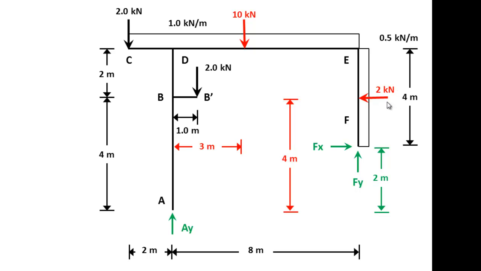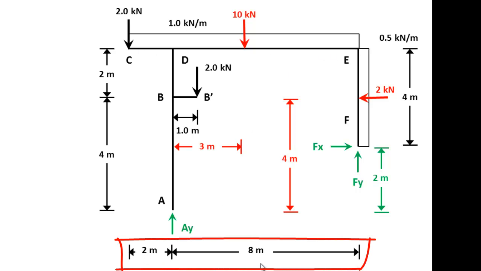When you concentrate it, you multiply the 0.5 by the length, you get 2 kilonewtons. Same thing for the CE member. We have a distributed load of 1 kilonewton per meter. To concentrate this distributed load, you multiply the 1 times the whole length. The length is 2 plus 8, that's 10, so 10 times 1 is 10 kilonewtons.